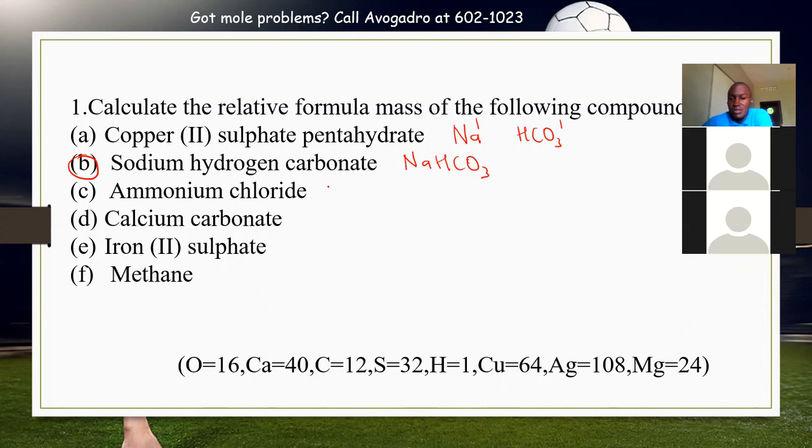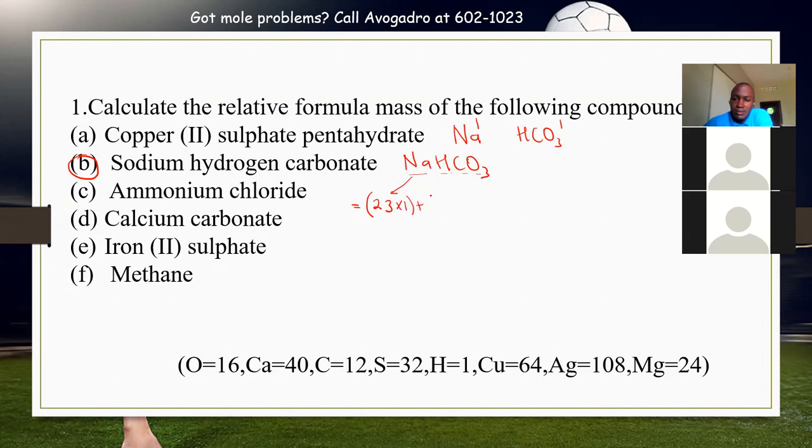When determining relative formula mass, we have to add all these atoms. Starting with sodium, the relative atomic mass of sodium is 23. It wasn't given, probably, but it will always be given. It's only one atom, so we say times 1.